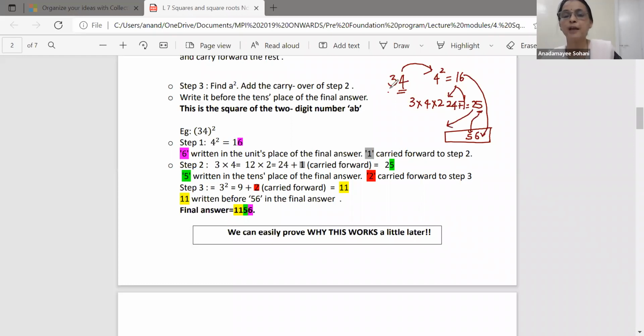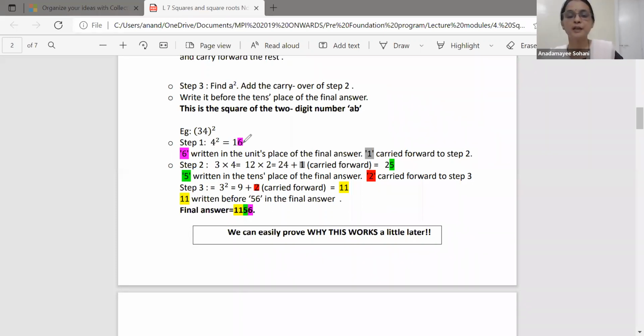Then I will find the square of the tens digit. 3 square is 9. To this 9, I will add this 2. I get 11. I write 11 over here. So 1156 is the square of 34. Okay, let us see it once again. 4 squared is 16, 6 written in the units place of the answer, 1 carried over to the second step.